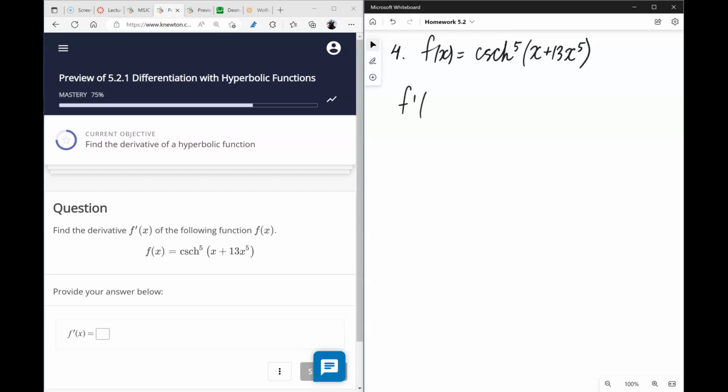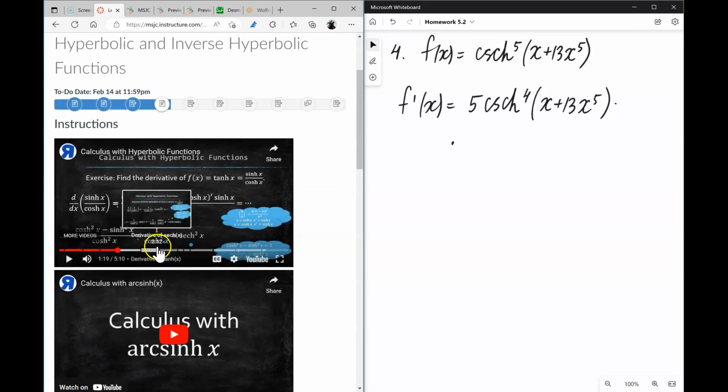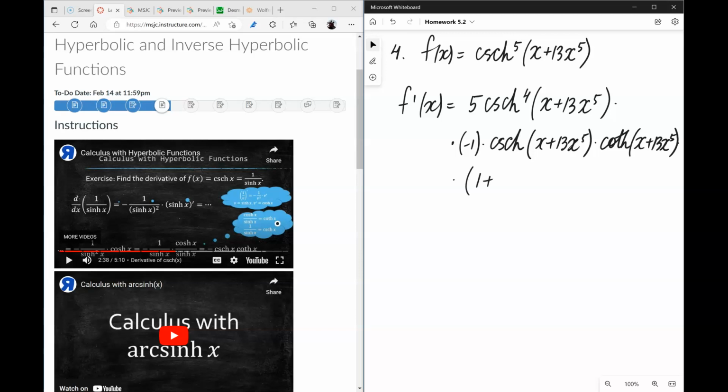And the derivative is, again, applying the power rule. Now we're going to follow up with the derivative of hyperbolic cosecant, which is negative cosecant cotangent. And we're going to finish it with the derivative of the innermost function.